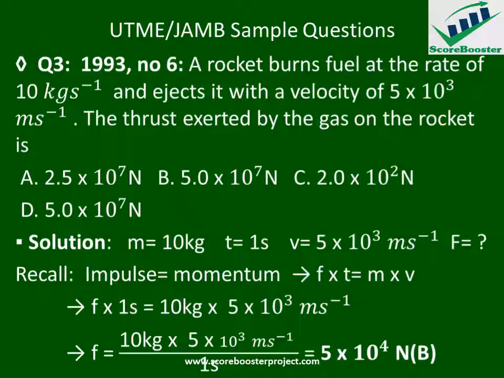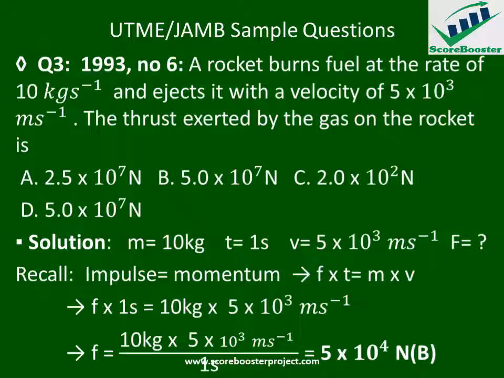In solving this, we have to recollect that impulse is equal to momentum, and therefore force times time will be equal to mass times velocity. That is m times v. So in substituting for this, our F is not given, times time, which is 1 second, is equal to mass m, which is 10 kg, times the velocity, which is 5 times 10 raised to power 3 meter per second.